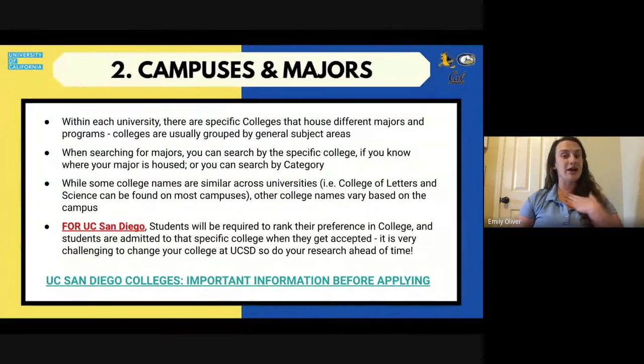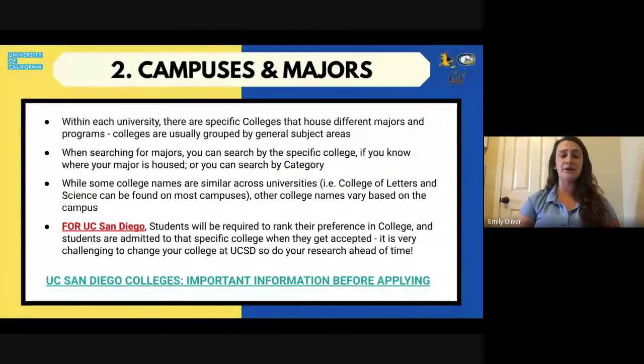Because what I found when I actually applied to UC San Diego is I did a campus tour and I learned a lot about the campus, but I didn't learn enough about the different colleges. So when it came down to rank them, I didn't really know how to rank them, and I just ranked based on what I liked in terms of the tour. I ranked them based on where the prettier dorm buildings were, basically.